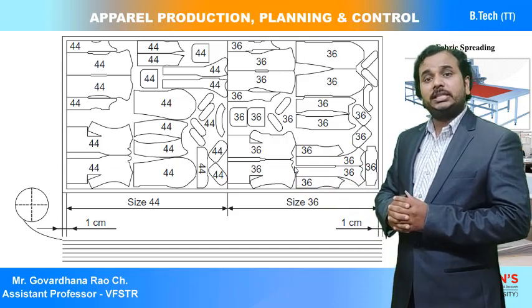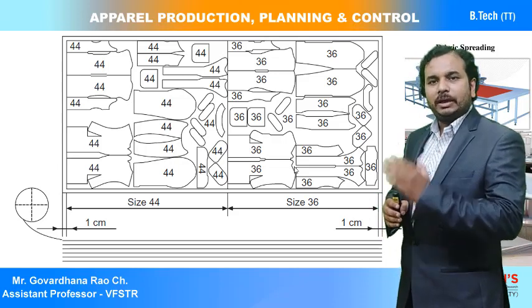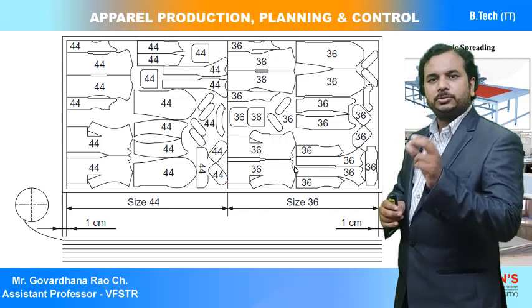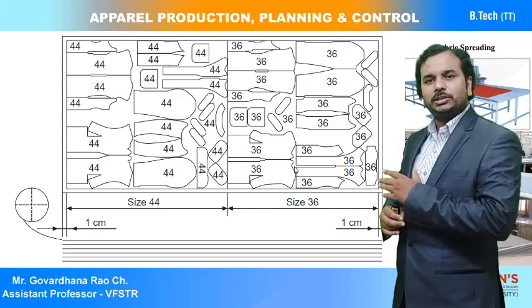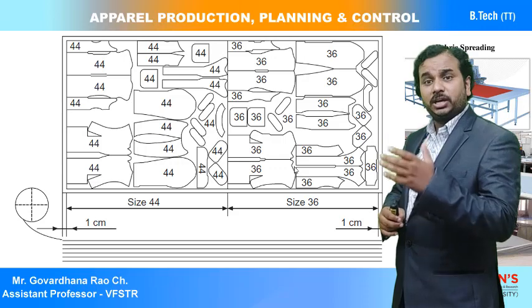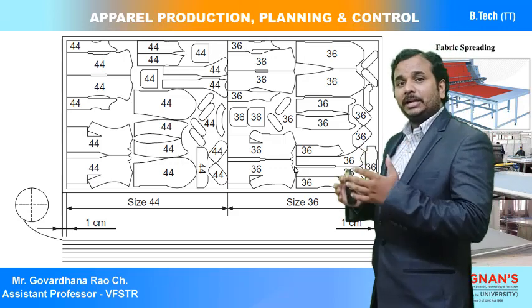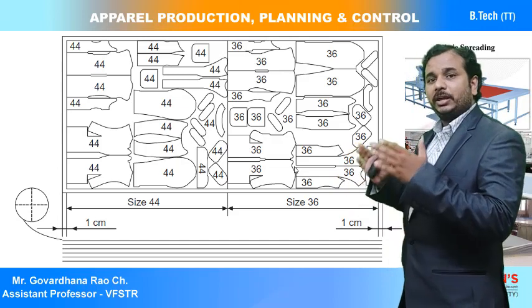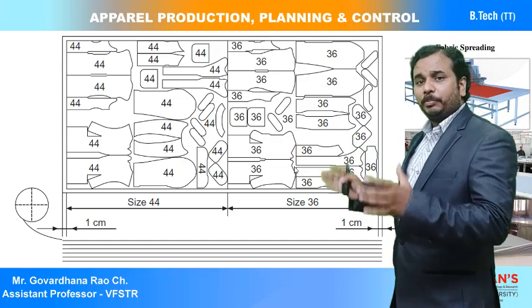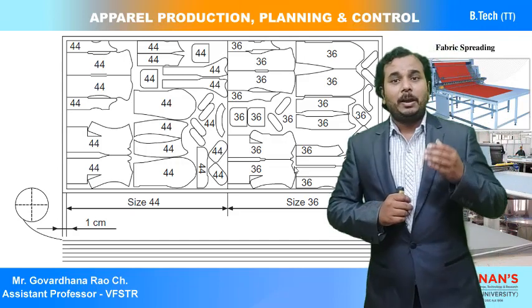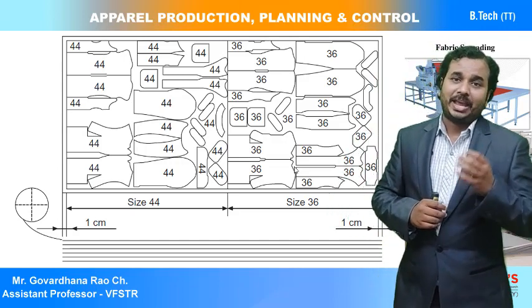In the sides of the fabric also we leave 1 inch or half inch of space at either fabric edge, so that when the marker is kept on top of all the fabric plies, your cut components will come exactly.